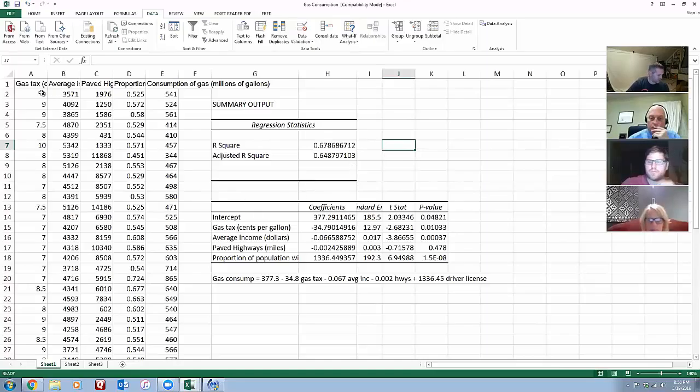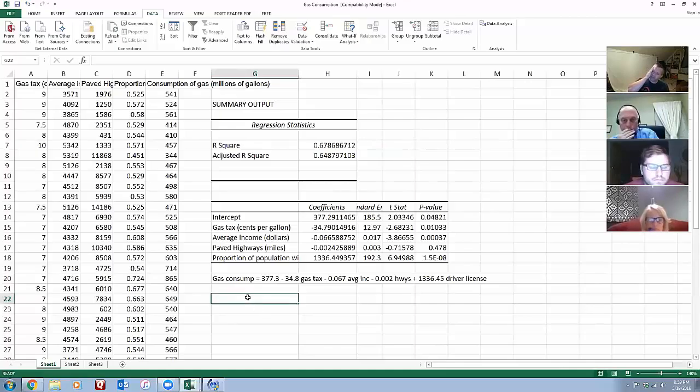I don't know if I went into the distinction between cross-sectional data and time series data. But this does a decent job. If you're trying to explain how many millions of gallons of gasoline that people are consuming, to explain 2/3 of it with just 4 variables is pretty decent in my mind. I don't know where I got this from, but it was in undergrad when I took my econometrics class.